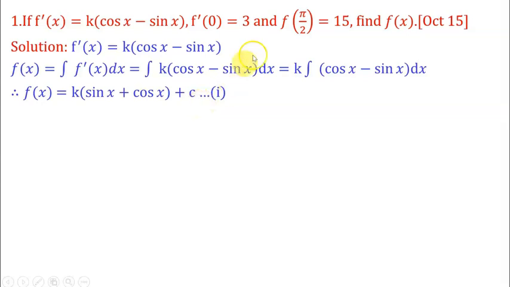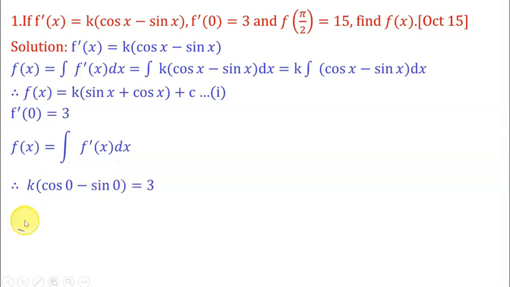Now we will find the value using f of pi by 2 equals 15. But first, f dash of 0 is equal to 3. Substitute the value here. We have f dash of x is equal to k (cos of x minus sin of x).